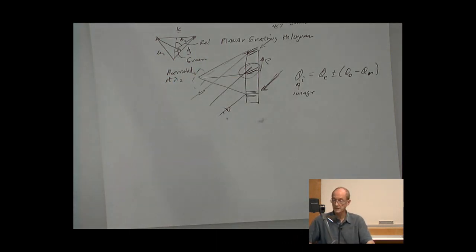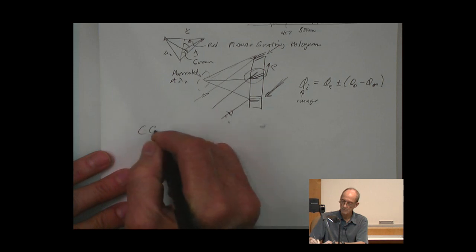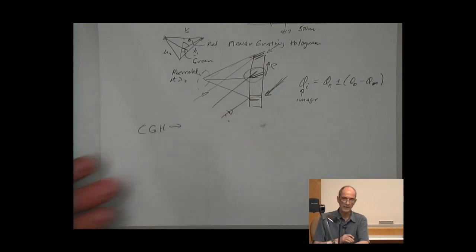And again, this is a really common problem because of material sensitivity, like lithium niobate, for instance, used as a photorefractive recording material, is sensitive in the blue-green, but if you're trying to make a focusing element or something like that, you run into a problem at longer wavelengths. So you could use the CGH approach again to correct for that.